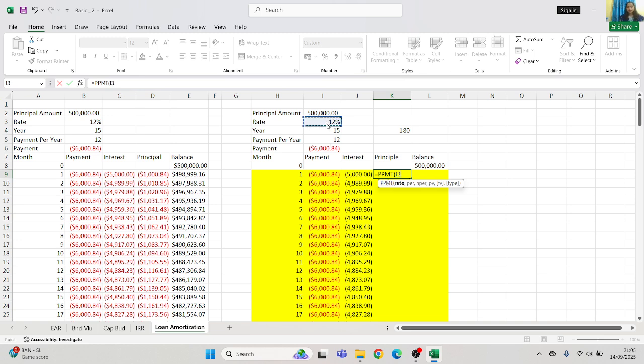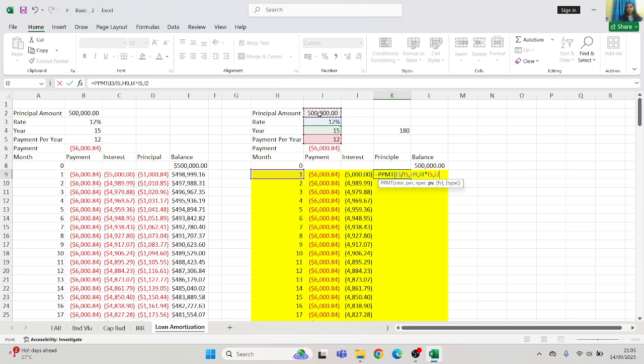Rate is 12% divided by payments per year, per H9, and NPER means year multiplied by payments per year.